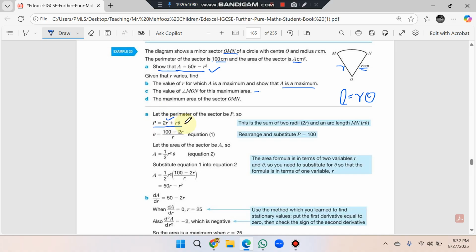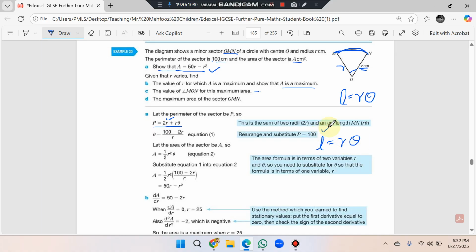Teacher, isn't it theta over 360? Theta over 360? No, no. We are just finding the perimeter. Perimeter is basically the length. So if we are dealing with this arc, we have to find this arc. We have the formula of the arc length, that is L equals r theta.